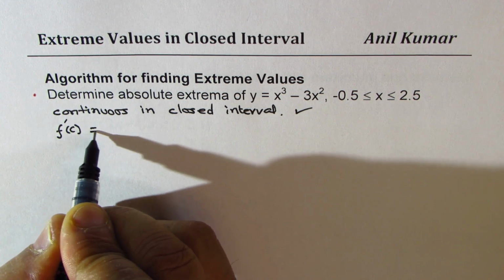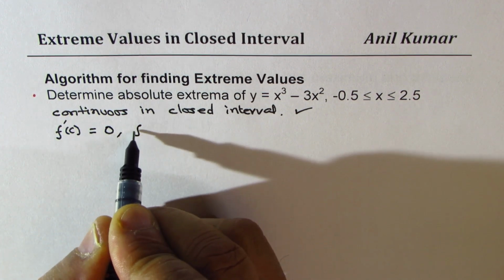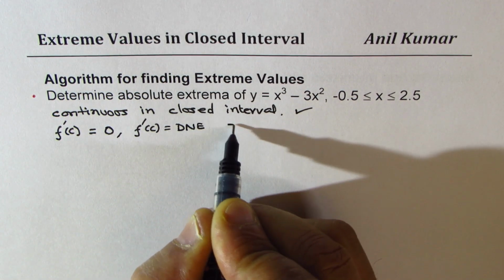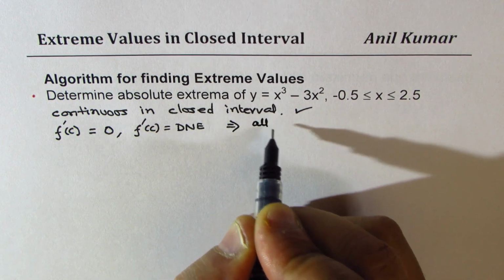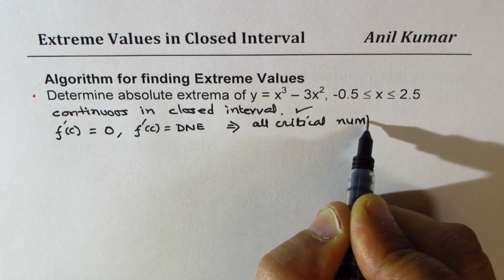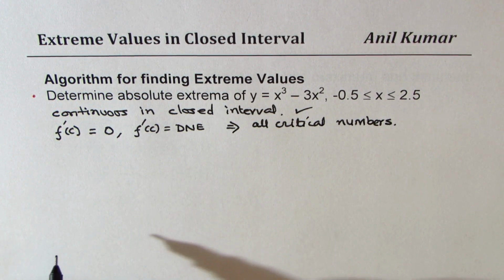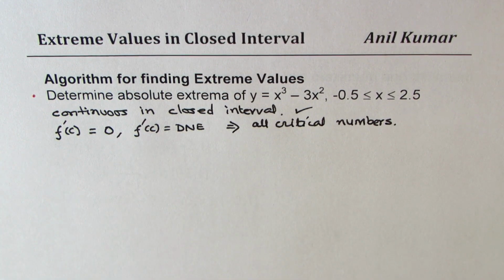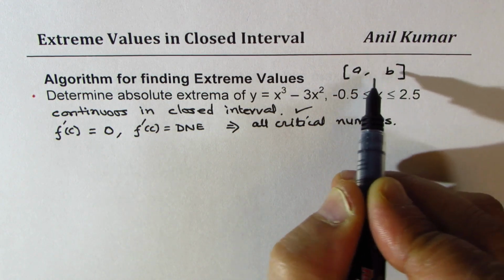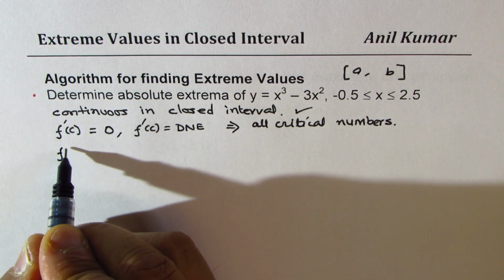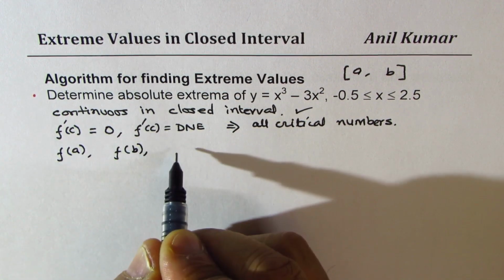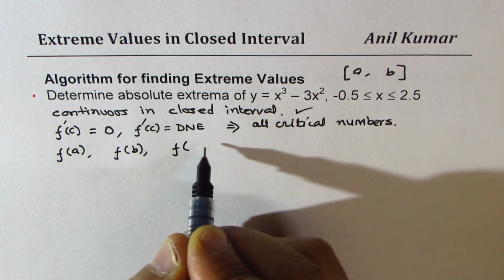Find the derivative. So if derivative equal to 0 or the derivative does not exist, then that will give us all critical numbers. And third step is to compare the values at the endpoints. Let's say the endpoints are from A to B. In that case, we have to find the value of the function at A, the value of the function at B, and the value of function at all the critical numbers, right?